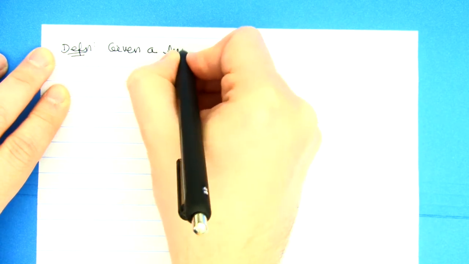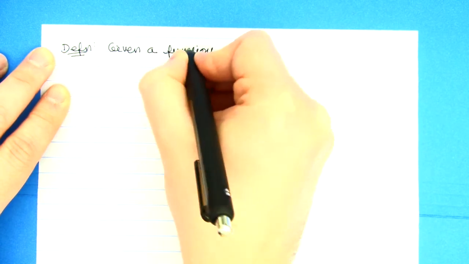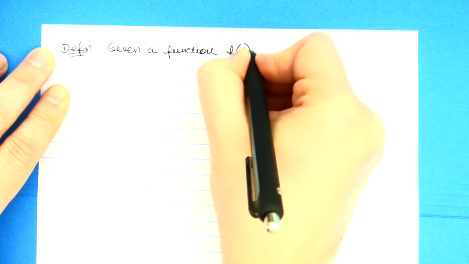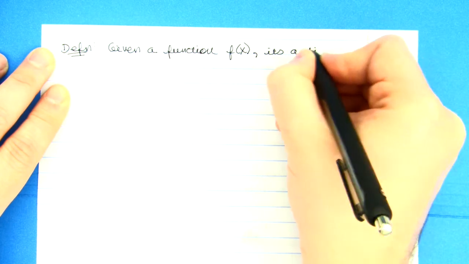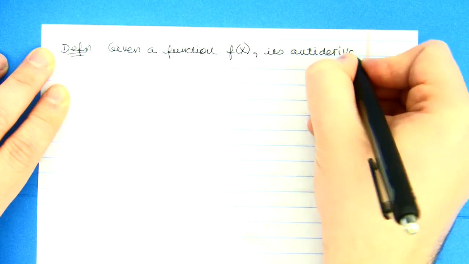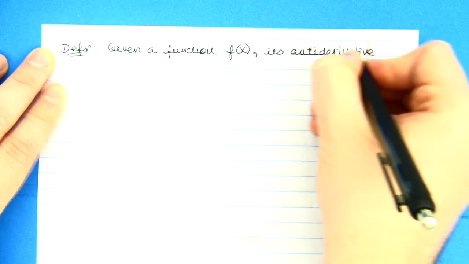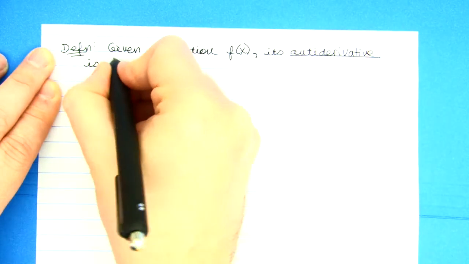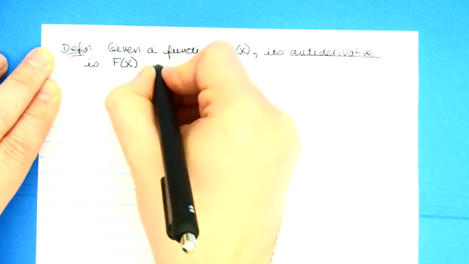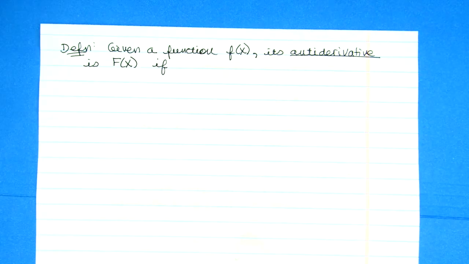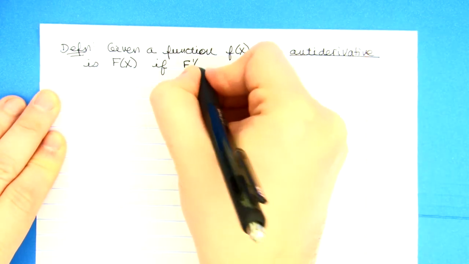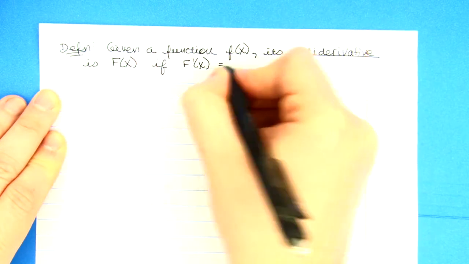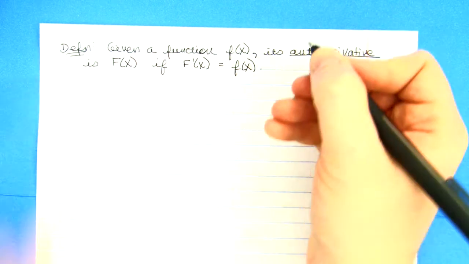Given a function, lowercase f of x, we say that its antiderivative is capital F of x if, how do I know that some random function is the antiderivative of this? Well, if I take the derivative of that random function and I get f of x.